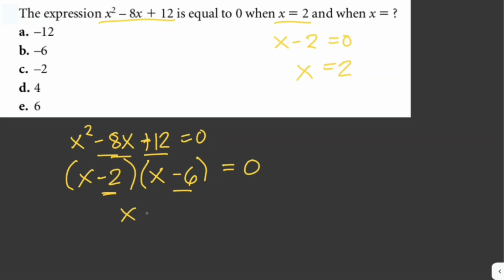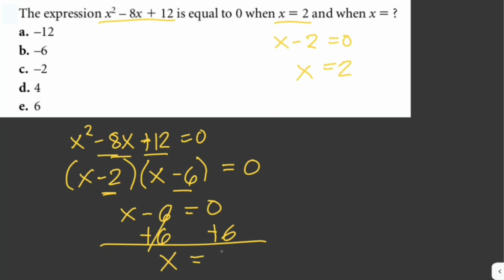Then we can solve for the value of x from the factor x minus 6 by equating it to 0. So we add 6 to both sides. Therefore, the other value of x is equal to 6. So the answer here is letter E.